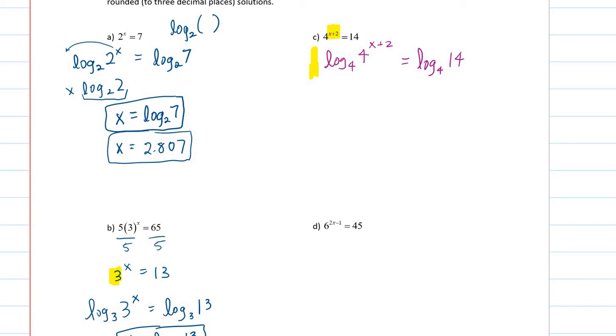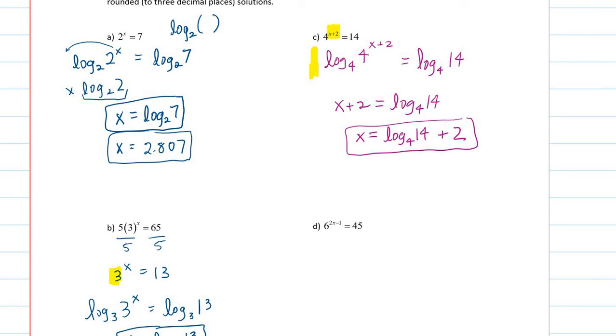Because of the inverse property, this expression on the left is just the exponent, so x plus 2 equals log base 4 of 14. In order to solve it for our exact answer, we just subtract 2 from both sides. So you have log base 4 of 14 minus 2. That would be the exact answer. If you want the rounded answer, go to your CAS, type it in, and you get negative 0.096. That's rounded to 3 decimal places.